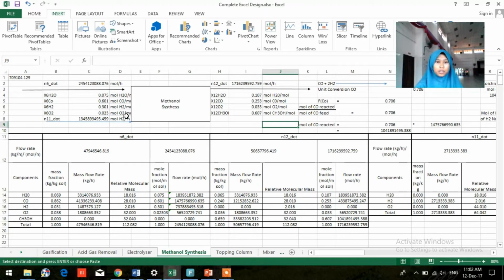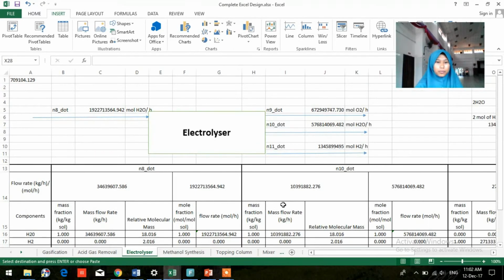So we need another source to get more hydrogen, so we will use an electrolyzer. In this electrolyzer process, we put in water and dissociate it into oxygen and hydrogen. From the outlet stream of the electrolyzer we get hydrogen, and we put it into the methanol synthesis.